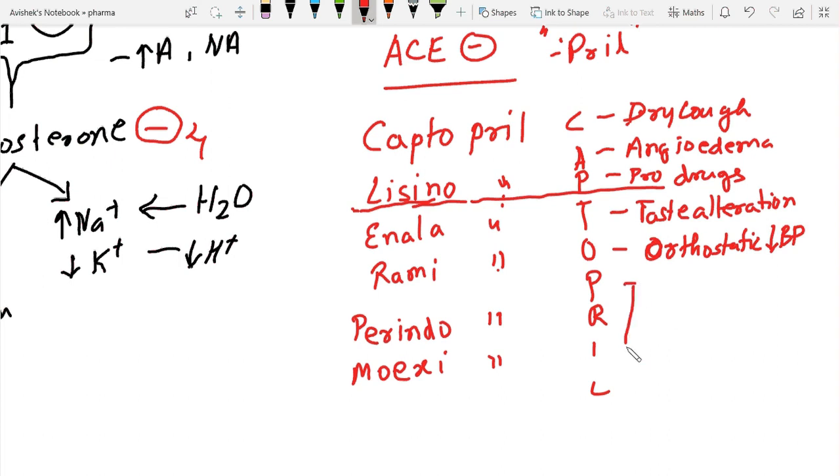PRI. These three are contraindications. What are the contraindications? They are not given in pregnancy. They are not given in bilateral renal artery stenosis.